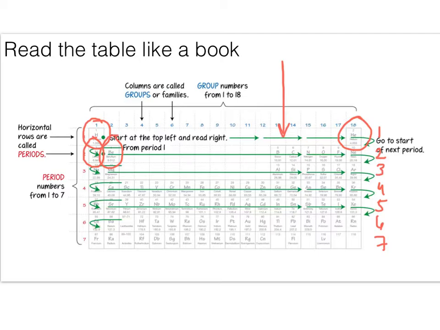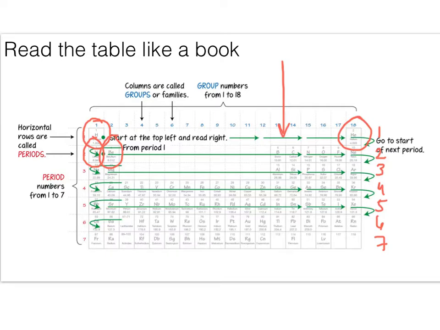One thing that people often describe, because the table does read like a book, is that you can imagine the whole table as a cylinder, because it should seamlessly go from helium down to lithium, beryllium, boron, carbon, nitrogen, oxygen, fluorine, neon, and then once you get to neon it should immediately jump over to sodium, which is number 11.